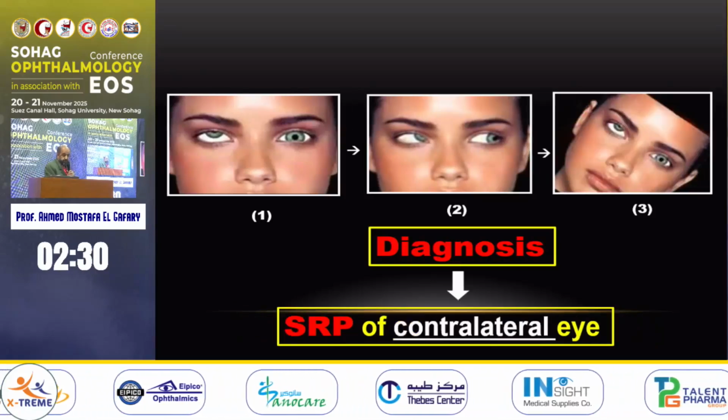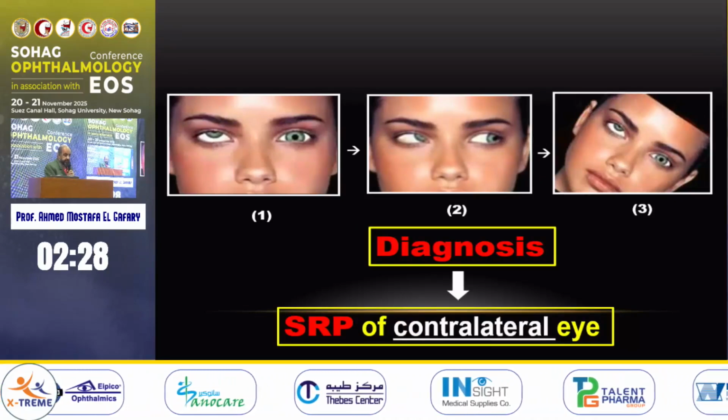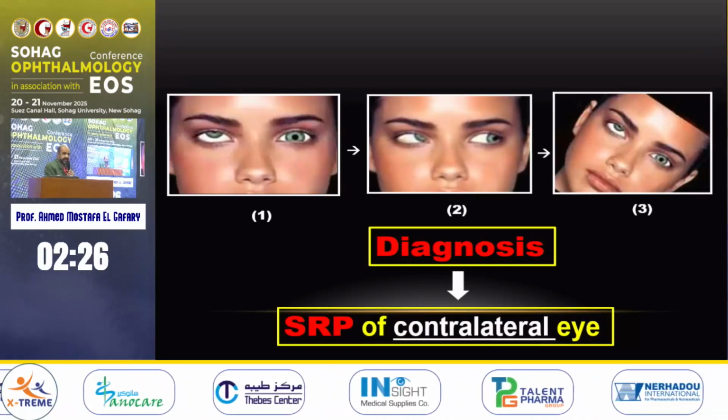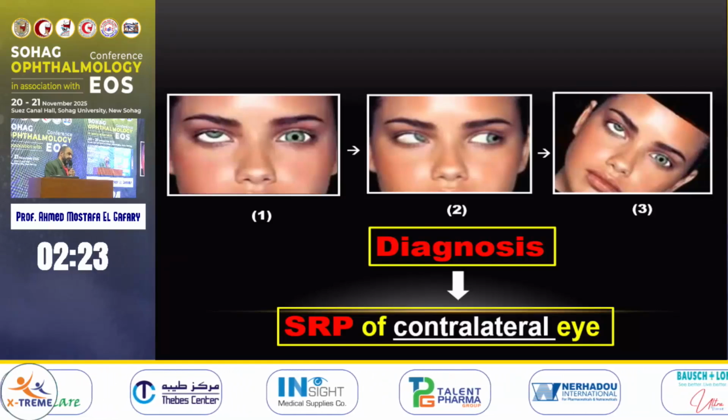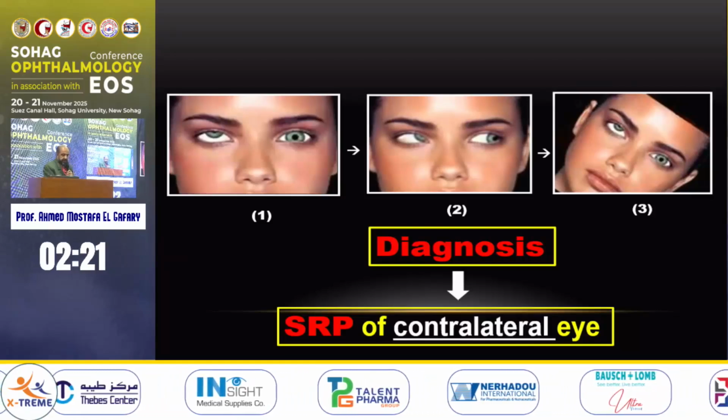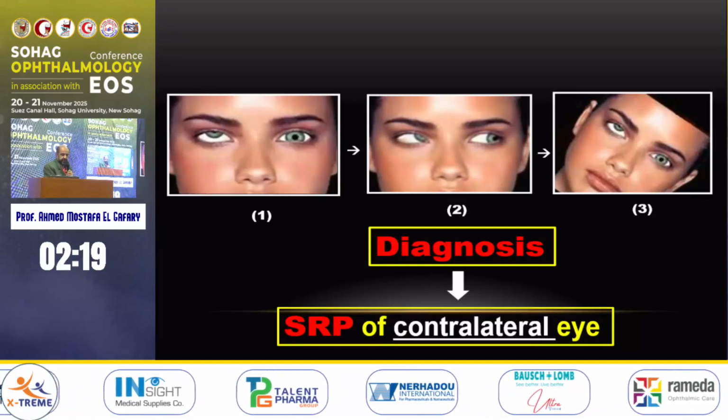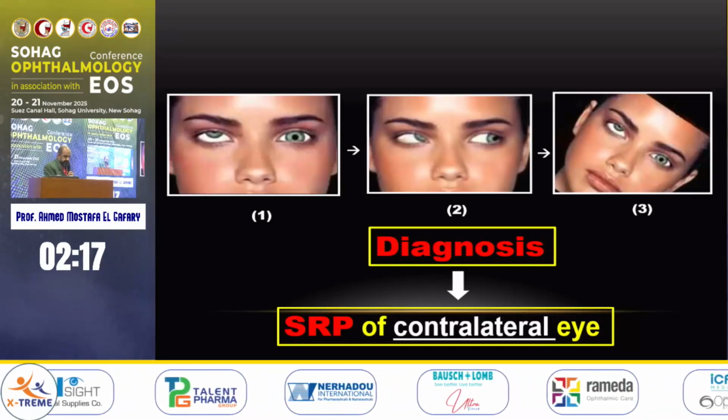If the right hypertropia increases with adduction, but increases with head tilting to the other shoulder, which is the left shoulder, the diagnosis will be superior rectus palsy of the contralateral eye.